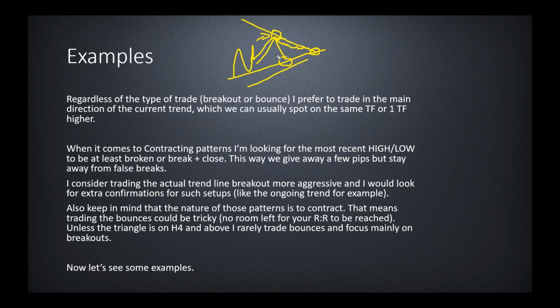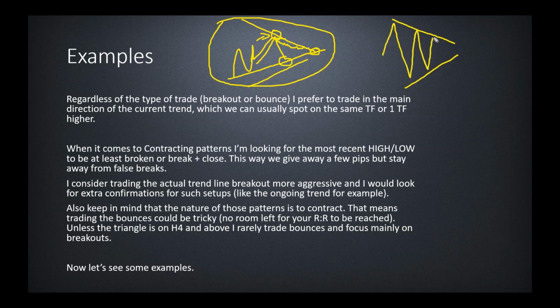And that's why most of the time, when it comes to this type of pattern, I would prefer to go for the breakouts and not the bounces, unless we have some huge triangle on the daily, 4-hour, or weekly chart, where I can be looking at, let's say, 150 pips, and I drop to the 15-minute chart, and my stop loss is, let's say, 30-40 pips, and I have 1 to 3 towards that level.